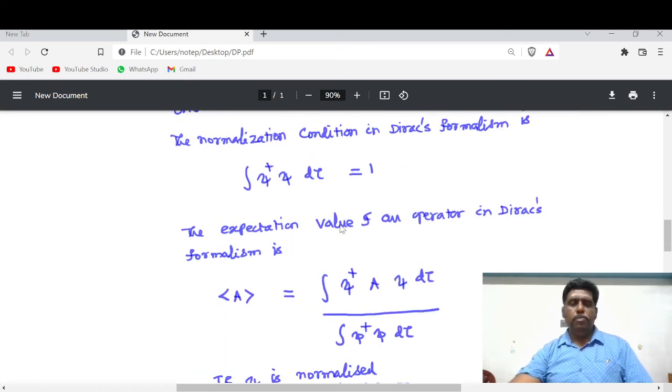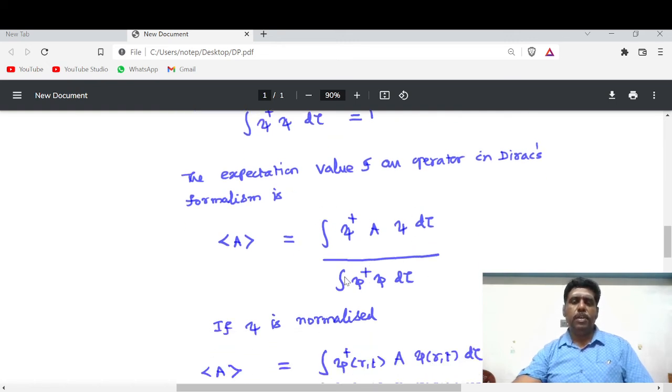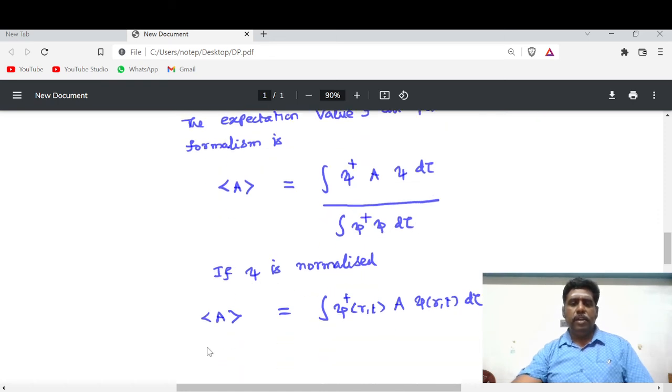If you want to find the expectation value of an operator in Dirac formulation, say A is an operator, expectation of A equal to integral psi dagger A psi d tau divided by integral psi dagger psi d tau. Suppose the wave function is normalized, that means integral psi dagger psi d tau equal to 1, then expectation of A is equal to integral psi dagger A psi d tau. This is our expectation value of an operator.